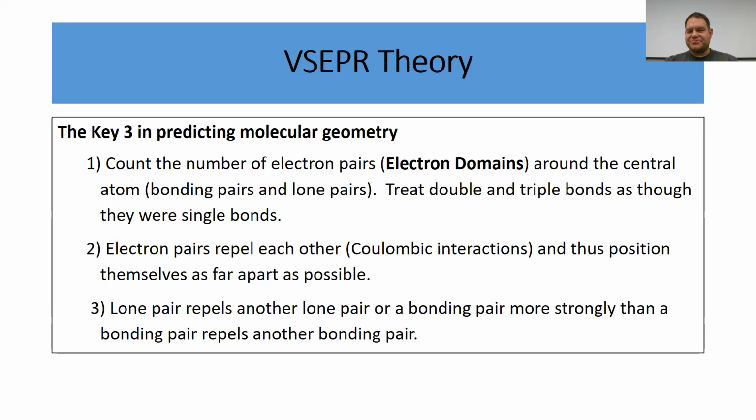As I mentioned before, we're going to treat double and triple bonds as if they were a single domain. Number two, super important: we need to realize that those electron domains are going to repel one another. Any electron domain around the central atom wants to be as far away from each other as possible.